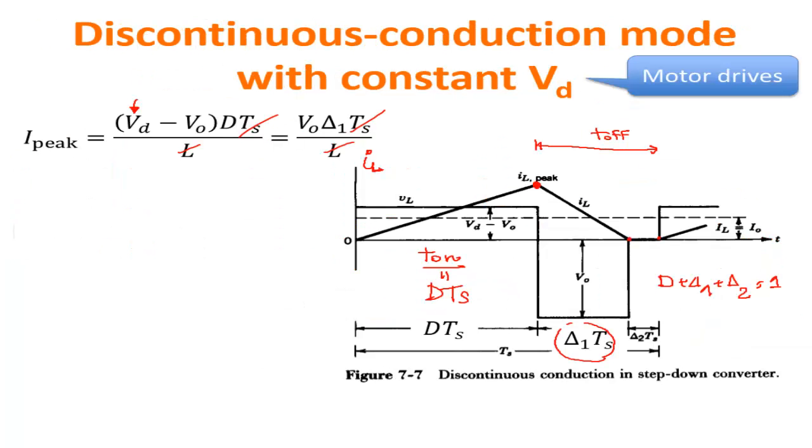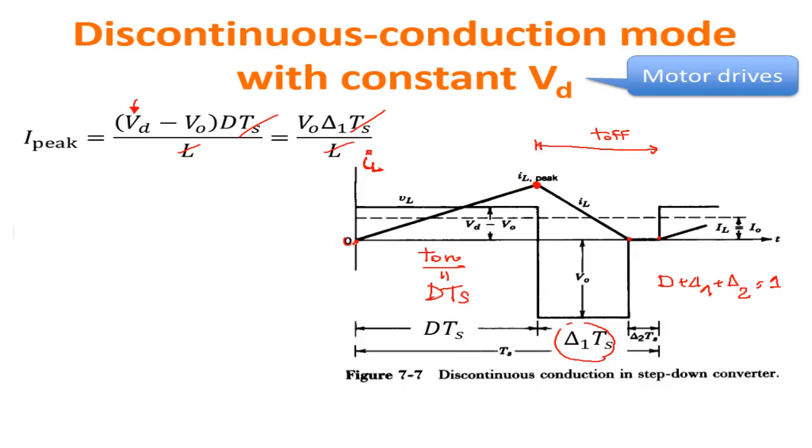So in discontinuous conduction, you are in this situation. The current has a time period during which it increases, which is the T on as before, from 0 to a peak. So it starts from 0.